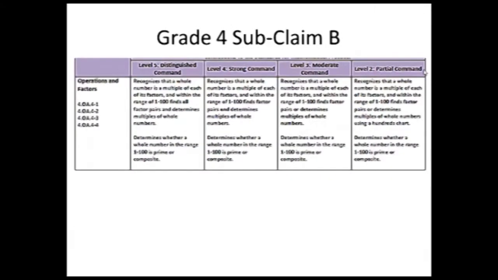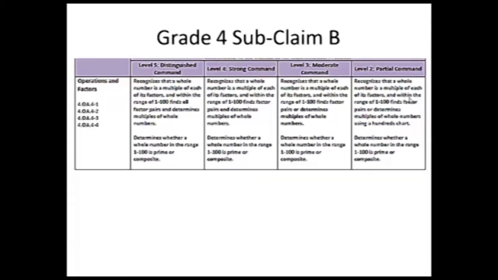So let's look at grade 4 subclaim B. Grade 4 subclaim B gets a little more into the use of the numbers in a different context, with one exception, and I'll talk about that in a moment. You see here that we're still dealing with some of the basic operations that we were dealing with in subclaim A, but I'm getting into more of understanding how to find factor pairs, how to determine multiples, and how I do that.